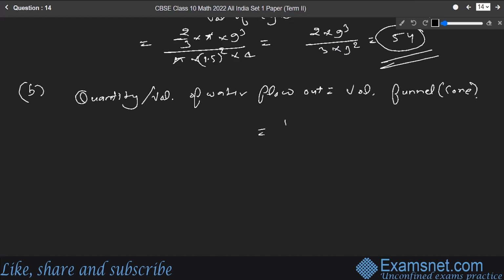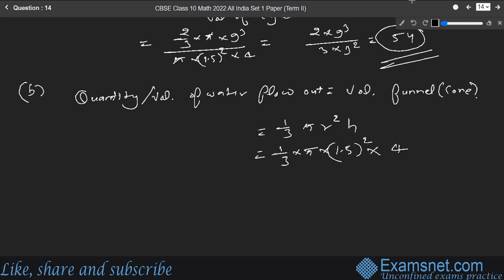The volume of a cone is 1 by 3 pi r square h. He's saying the radius and height of the funnel being immersed are the same as the cylinder's radius and height. So we can use the cylinder's radius, which was 1.5, so we write 1.5 square, and height was 4.